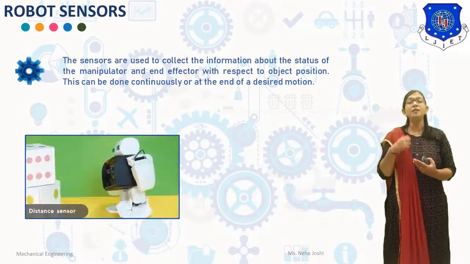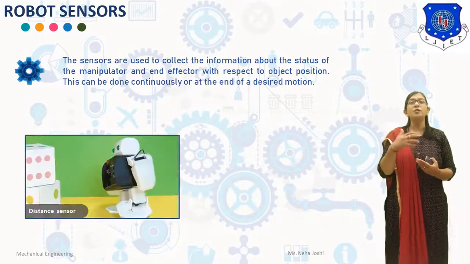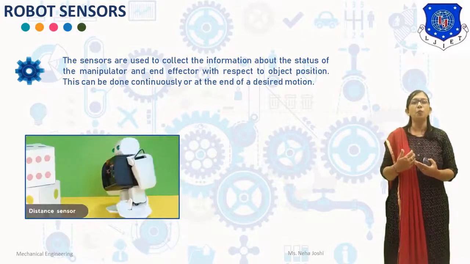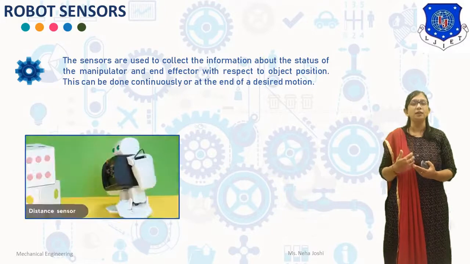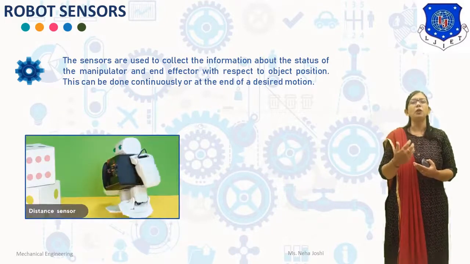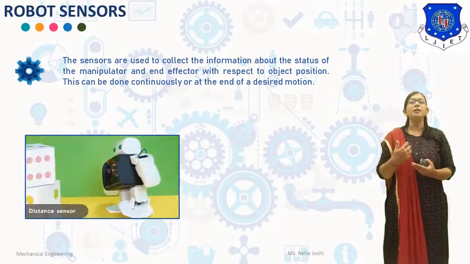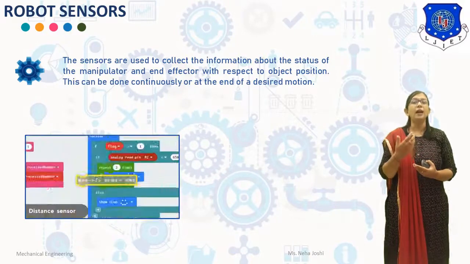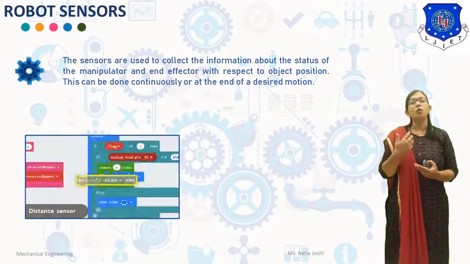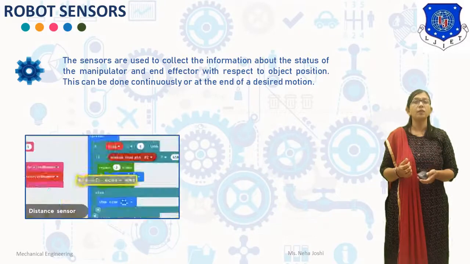This information is sent to the controller. Using this information, the controller determines the configuration of the robot at the given instant and controls the movement of the manipulator. The information sent by the sensors can be analog, digital, or a combination of the two.